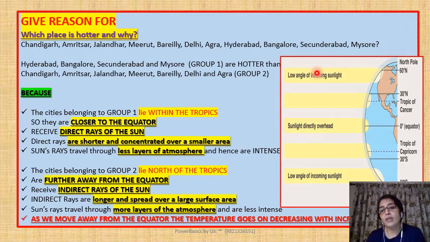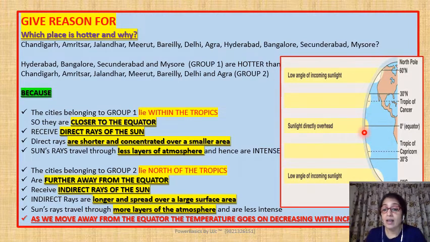If you look at the sloping ones, they're concentrated over a larger area. So when the sun rays are directly overhead, they are concentrated over a smaller area, so they have to pass through lesser layers of the atmosphere to reach you at that point. And therefore, heat is intense.